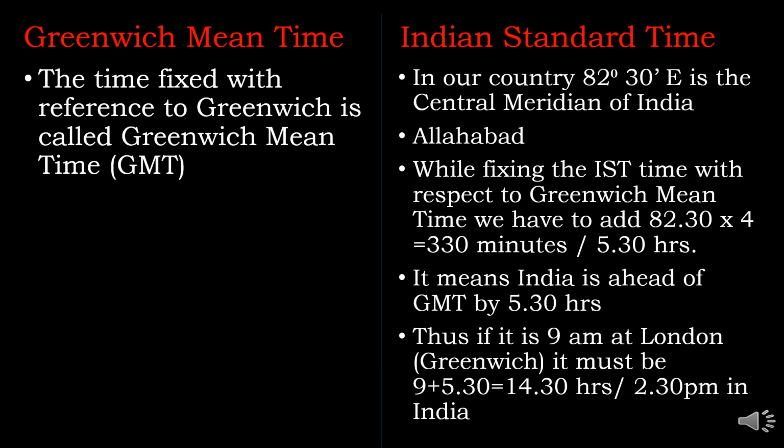Thus, if it is 12 noon at Greenwich, at 15 degree east longitude the time will be 1 p.m. and at 30 degree east longitude, the time will be 2 p.m. Then what is the definition of Greenwich Mean Time? The time fixed with reference to Greenwich is called the Greenwich Mean Time or GMT.